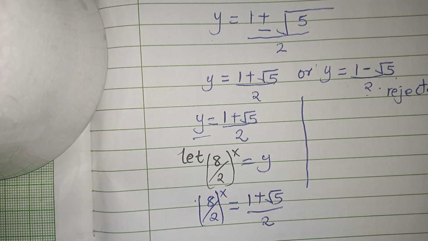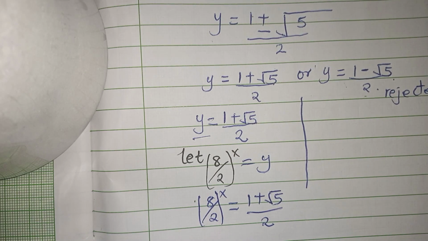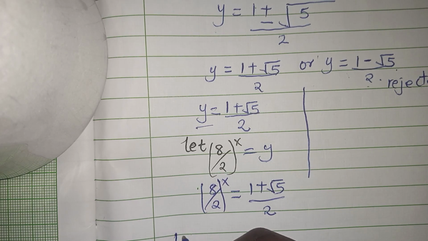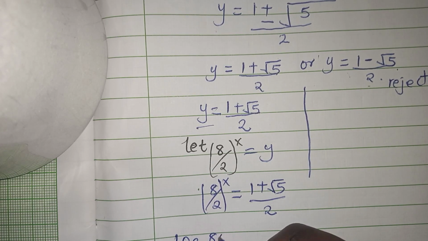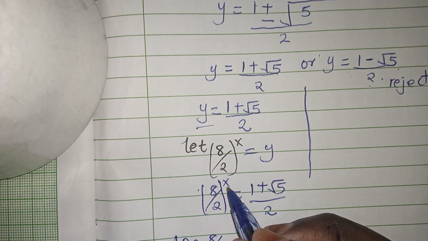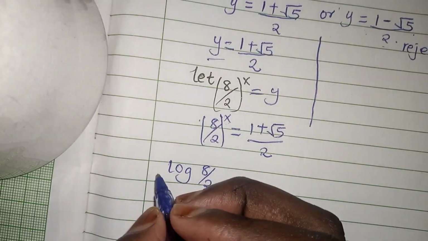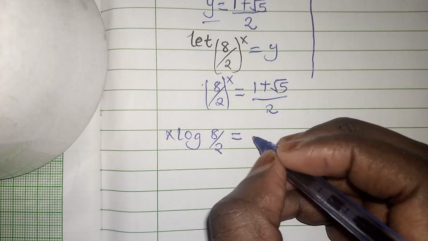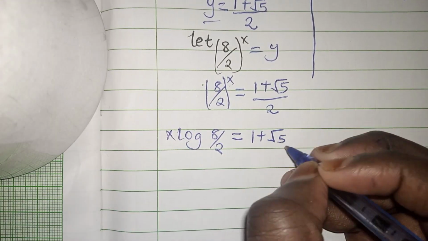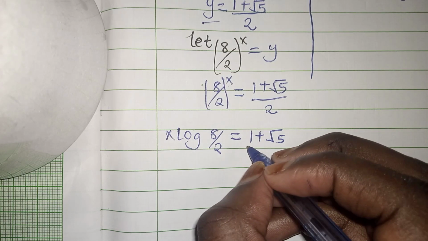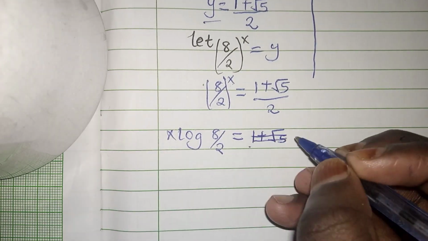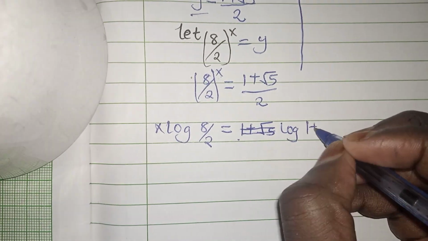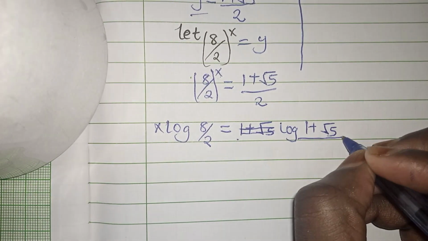So we want us to solve. We can now introduce logs on both sides. This will be log 8 over 2, I can bring this x here, is equals to, sorry, I'm introducing log, so this will be log of 1 plus the square root of 5 over 2.